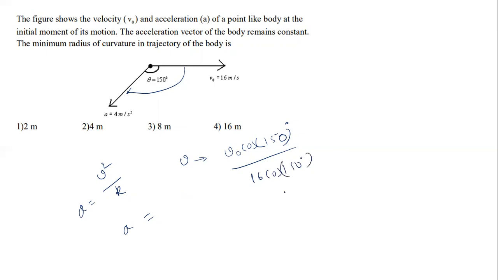This you will get, this is 8. So 8 into 8 by what is the radius? They're asking R, so you make R the subject. So R is equal to 64 by A. So 64 by A is 4. It is 16 meter.